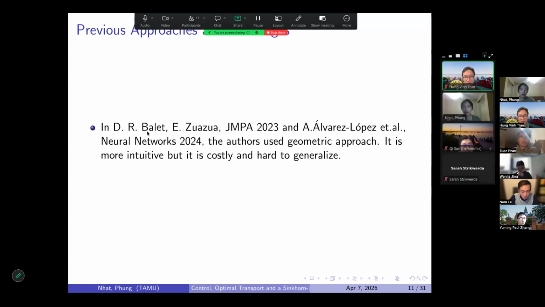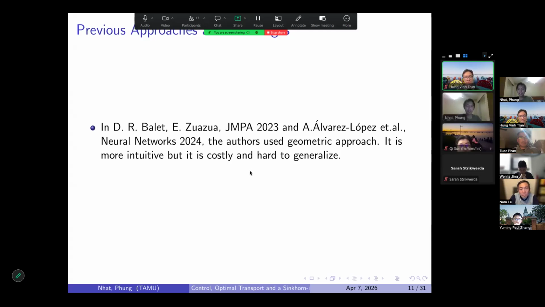But for balanced transport, there is also work from Ballet and Zaza on GMPA, where they use a geometric approach. The idea is that they have two density functions, and they try to cut the two densities into rectangles. Usually that means they are using the Riemann sum, and then they try to move one rectangle to the other places. They move only one single rectangle at a time, and they have to cut into a lot of rectangles.